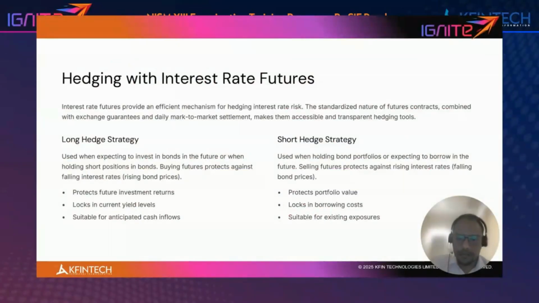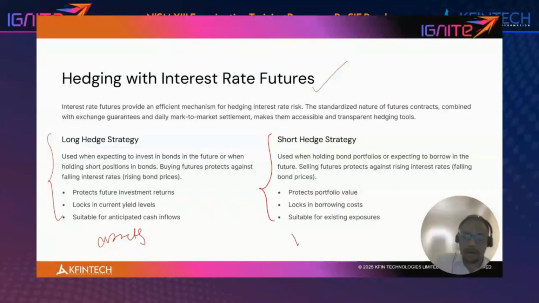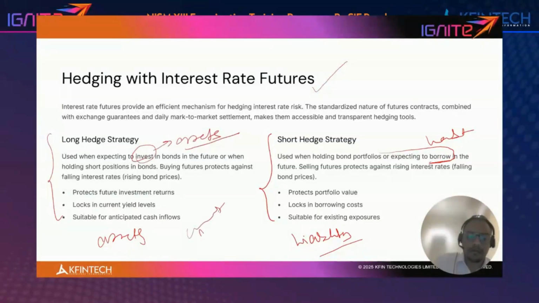Hedging with interest rate futures, we saw this in chapter number 3. Long hedge is for assets. Short hedge is for liabilities. You can see expecting to borrow. Borrow means liability. Invest means assets. So to protect current as well as future assets and liabilities, I can enter into interest rate futures.